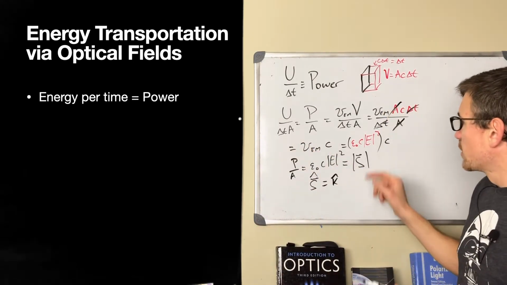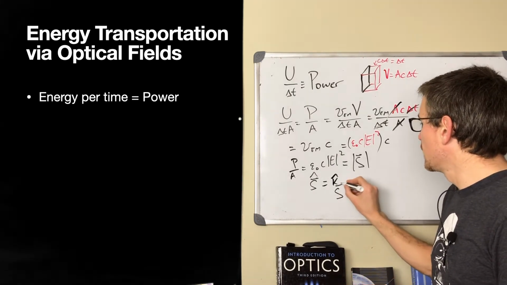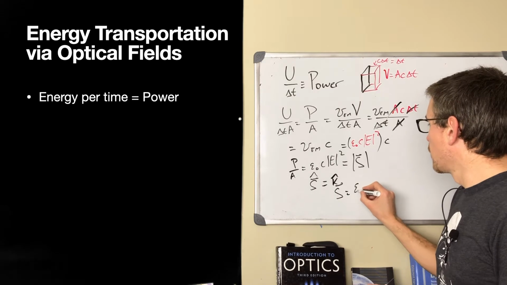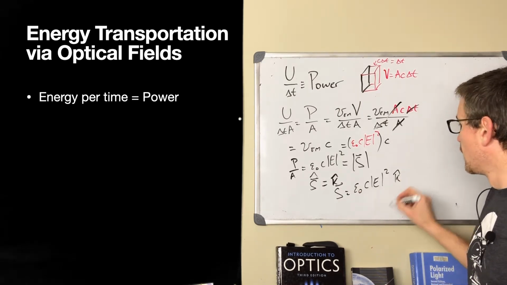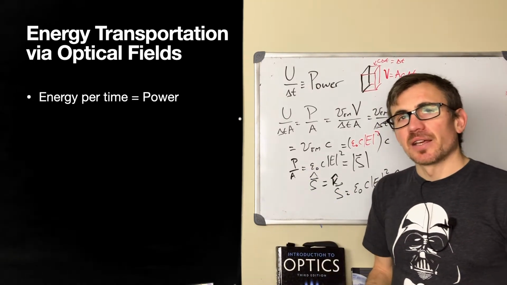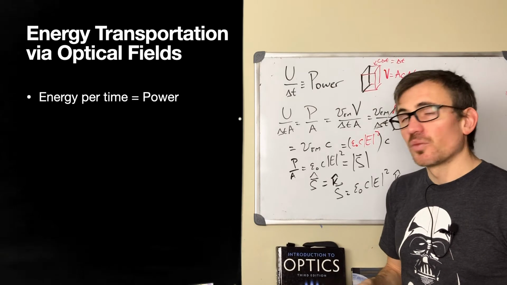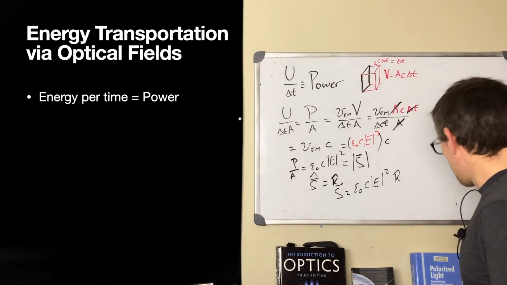Now in principle, we can just do this. We could go S is equal to epsilon naught c times E squared times k hat. But there's a nice little way of writing this that encapsulates everything. It's kind of just a pretty way of wrapping up everything together, but it's also useful in terms of derivations.